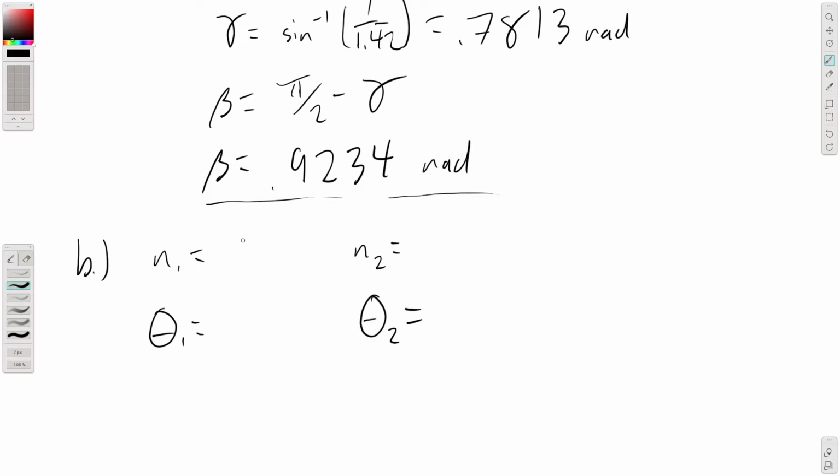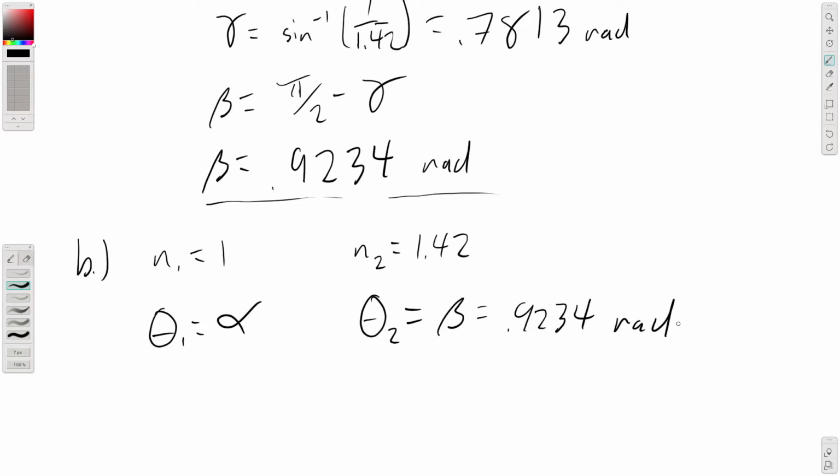Our outside, in this case, our incident, is air. So this is 1. Our inside is now 1.42. And theta 1 is equal to our alpha, our incident, and theta 2 is equal to beta, our outgoing, our wave that is in the fiber optics. In this case, we know beta to be 0.9234 radians, and we don't know alpha.